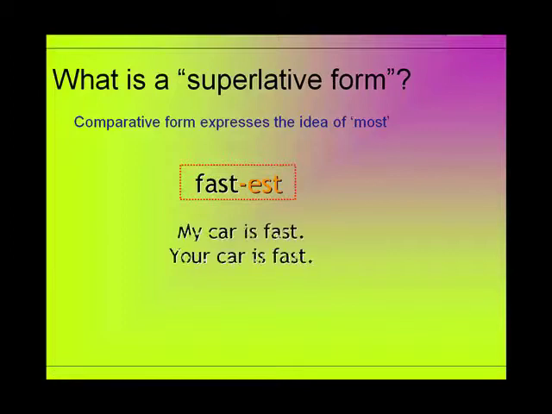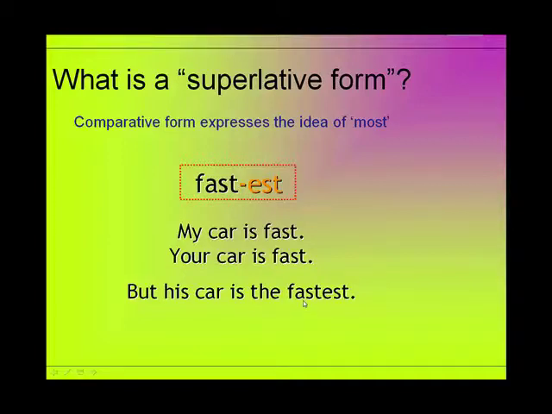If you have a car and you say my car is fast, and another person has another car and you say your car is fast, and there is a third person who has a car that is so much faster than your car and another person's car, you might say his car is the fastest. When you say that, it is because you have previously compared. You know that it's faster than your car, and faster than another car, so it's the fastest.